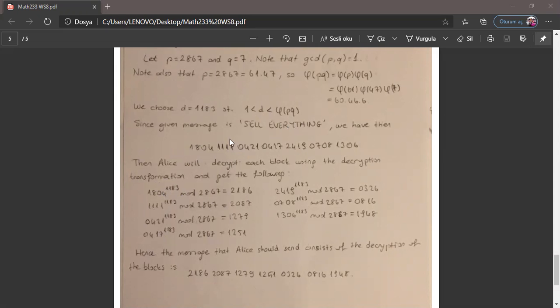So we find the corresponding numbers for all 4-digit numbers. And so the decrypted message is this, because for this number 1804 we have this number now. So we write that. For this number we have this. Okay, so we have this message which is the decrypted message for saying sell everything.